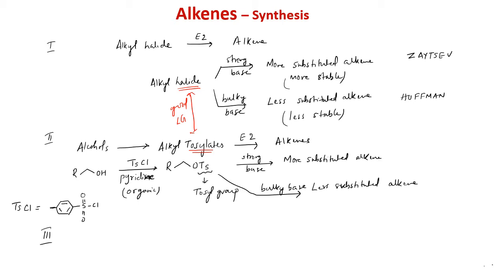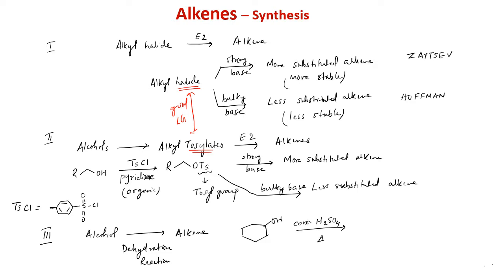And then the third method of synthesizing alkenes is from alcohols directly. An alcohol can be directly converted into an alkene using a dehydration reaction. For example, we have this alcohol, cyclohexanol, and you can dehydrate it using concentrated sulfuric acid, and you have to heat this.